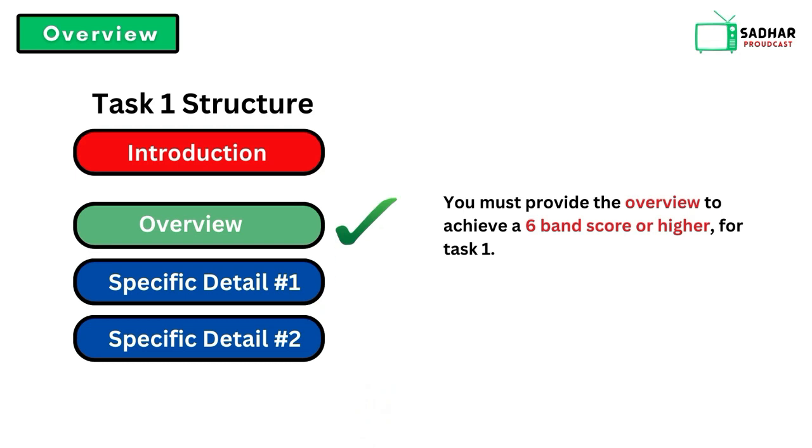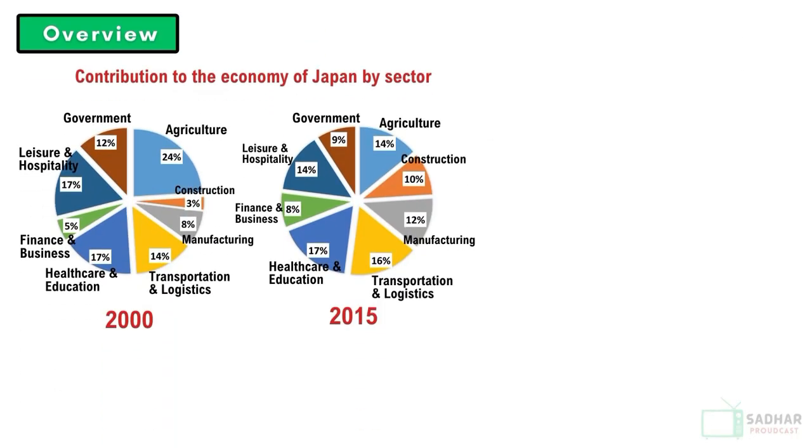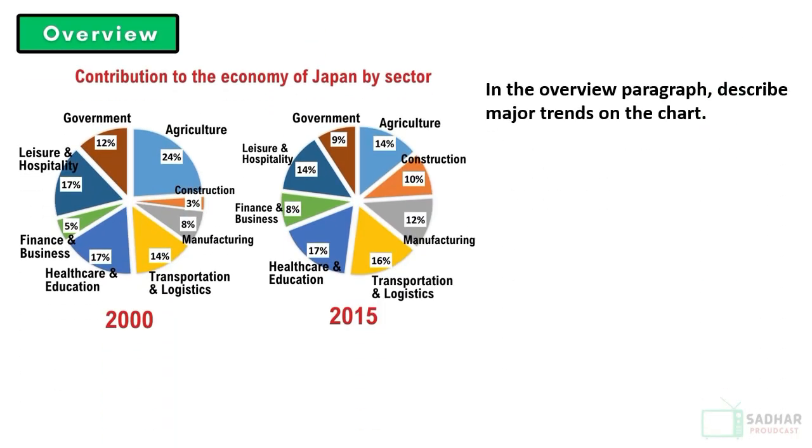So introduction is done. We go ahead with the next paragraph, which is the overview. And you must provide the overview to achieve a 6-band score or higher for task 1. So it's a must. So we need to put overview paragraph if we want to get a high score. In the overview paragraph, just describe major trends on the chart.